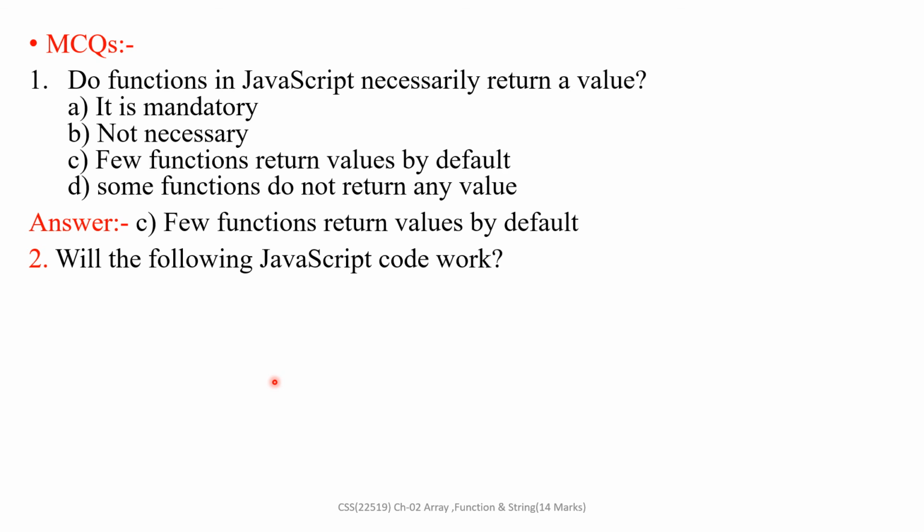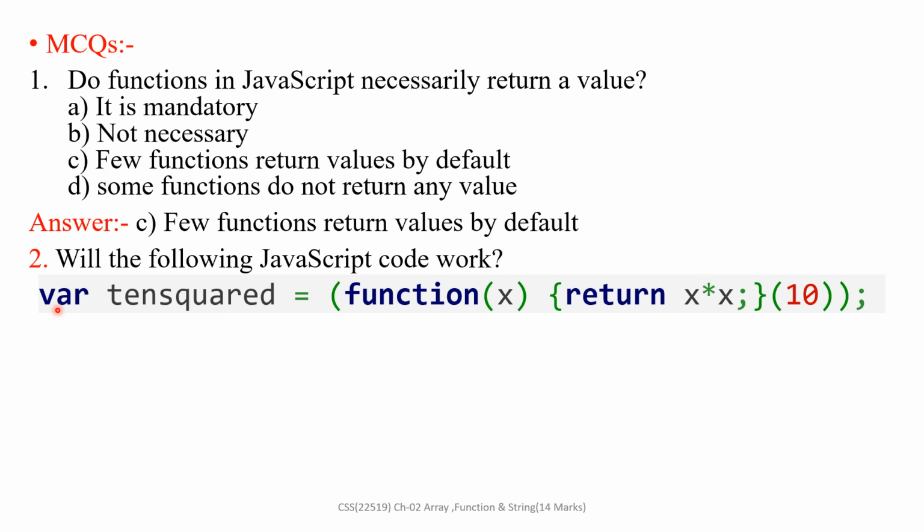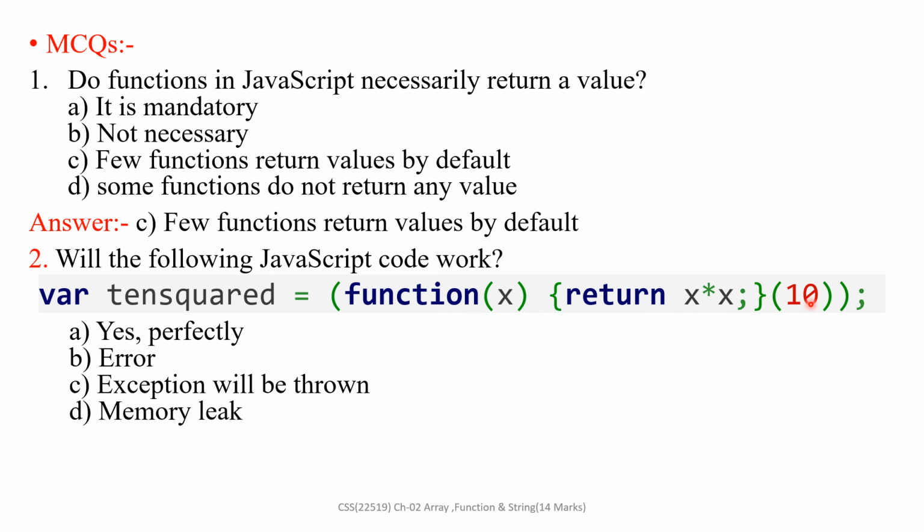Now, will the following JavaScript code work? This is the code where 10 squared equals function x return x into x, and 10. The first option is it works perfectly, second is error, third is an exception will be thrown, and fourth is memory leak. The answer is option A, it will work perfectly, because the function name is optional for a function defined as an expression.